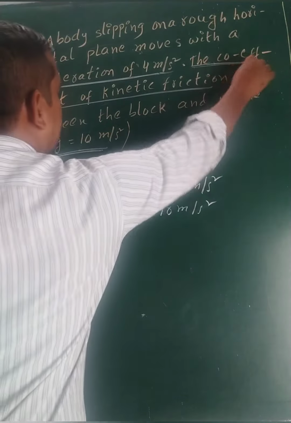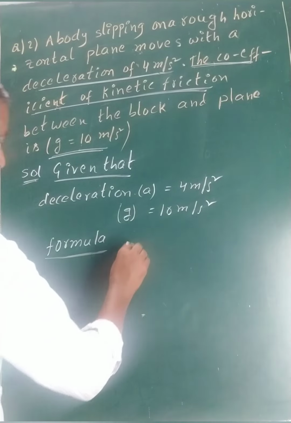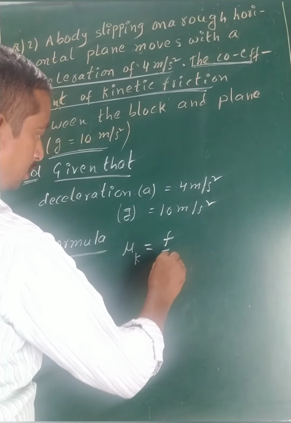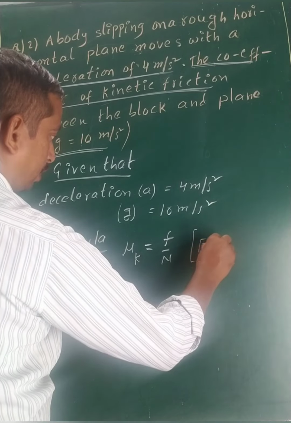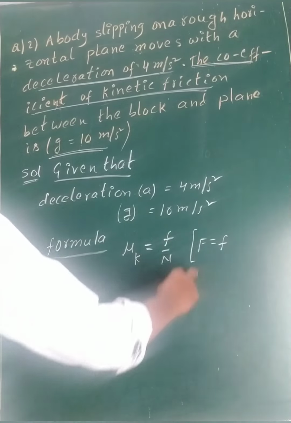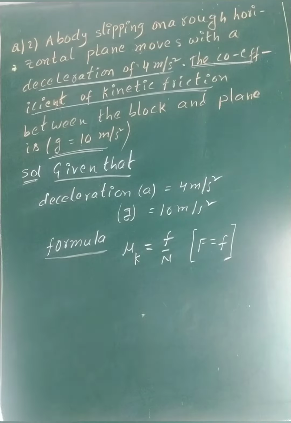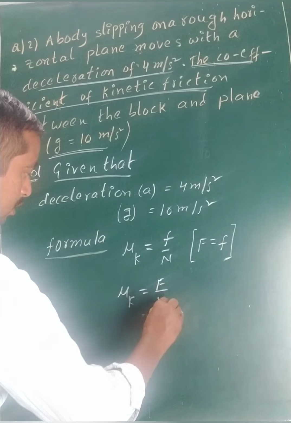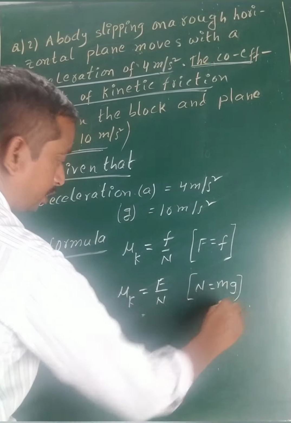So mu k is equivalent to F by N. How much applied force there is, that much frictional force arises. Then we can write mu k is equivalent to F by N, since N is equivalent to mg.